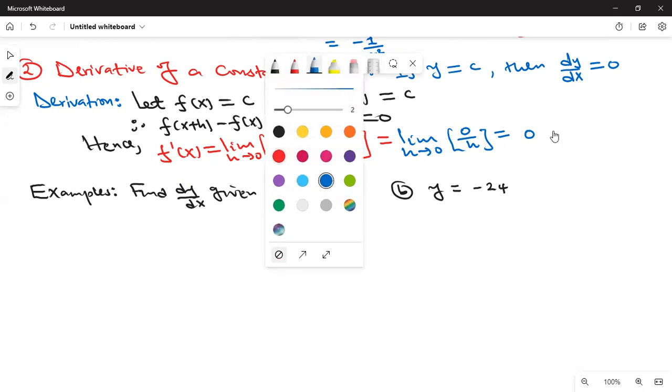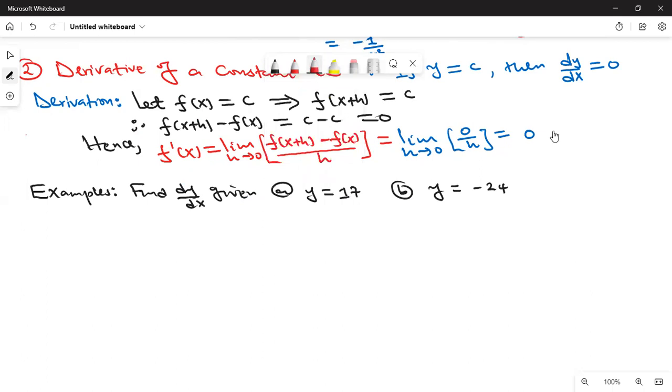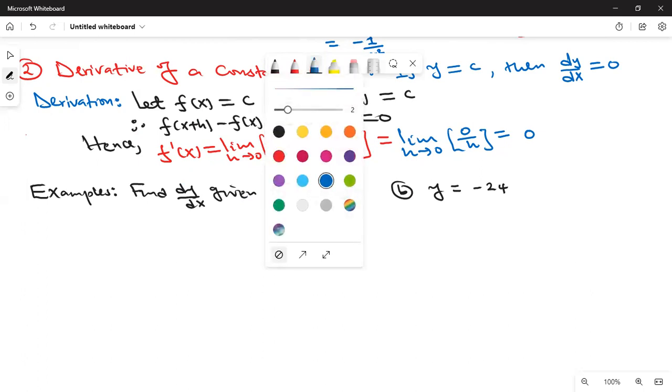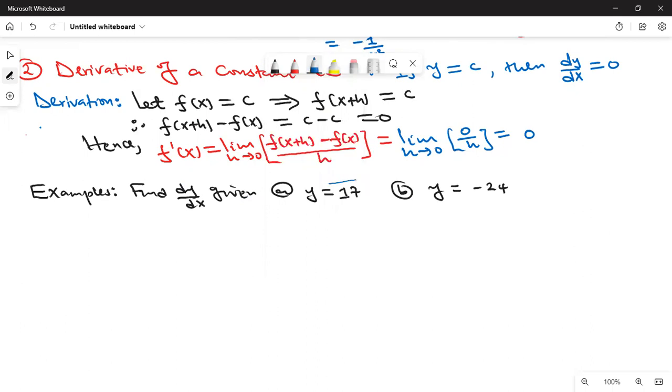Let me choose another color. Can use red, or let me use blue. So here, this is a constant. So when you differentiate that, you get dy/dx is equal to 0 because 17 is a constant. The same here.